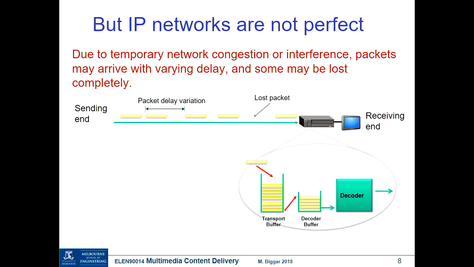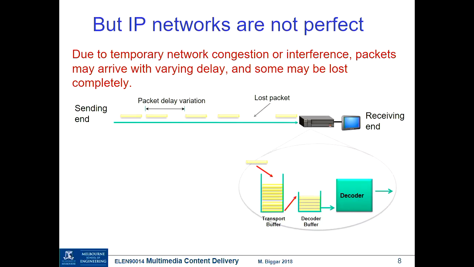So when we get information from the encoding end saying, I'm assuming you have at least 2 megabytes of buffer available and you shouldn't start reading out until it is this full, that's what this is referring to. It doesn't know anything about the transport system, the network. The transport buffer is here to make sure that we smooth out these packet delay variations, and it'll of course be dependent on the conditions of the network.